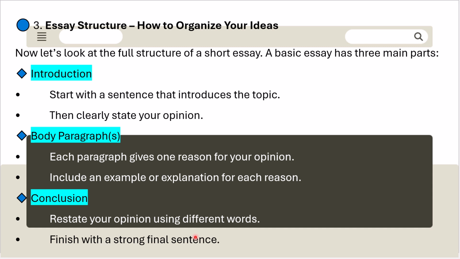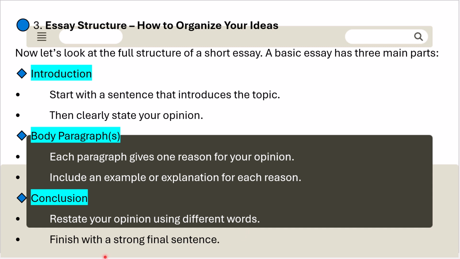You can have a strong final sentence to conclude your essay. And also you can use concluding phrases, phrases like in conclusion, to sum up. These are the words to conclude. You can use them to give your conclusion.